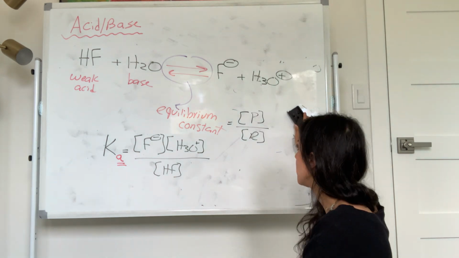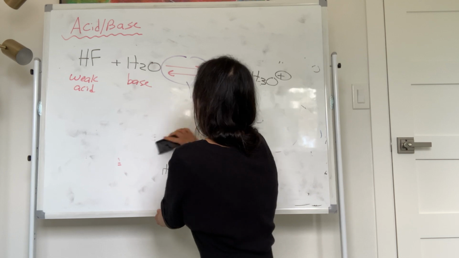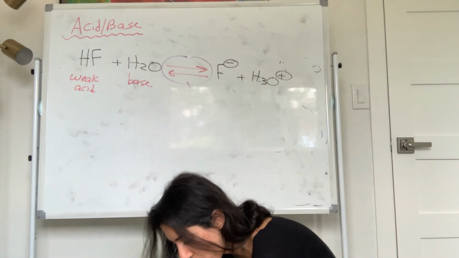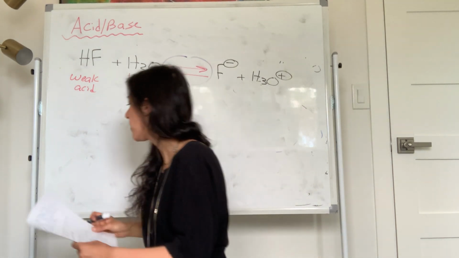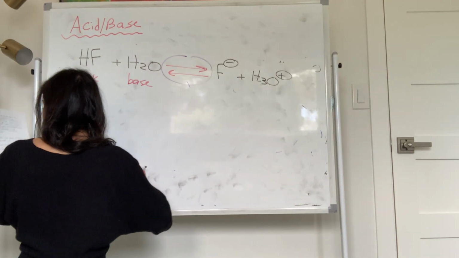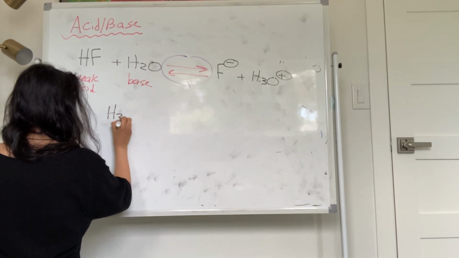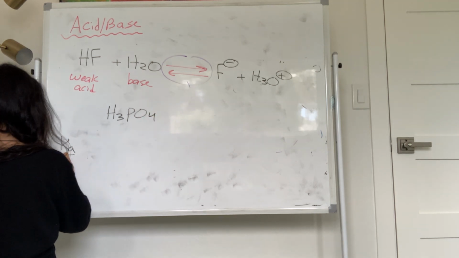You ready? Okay. So here is our practice problem. I'm going to write down 3 weak acids, and I want to ask you which one do you think is the weakest one? I'm going to give you the Ka value for all of them.